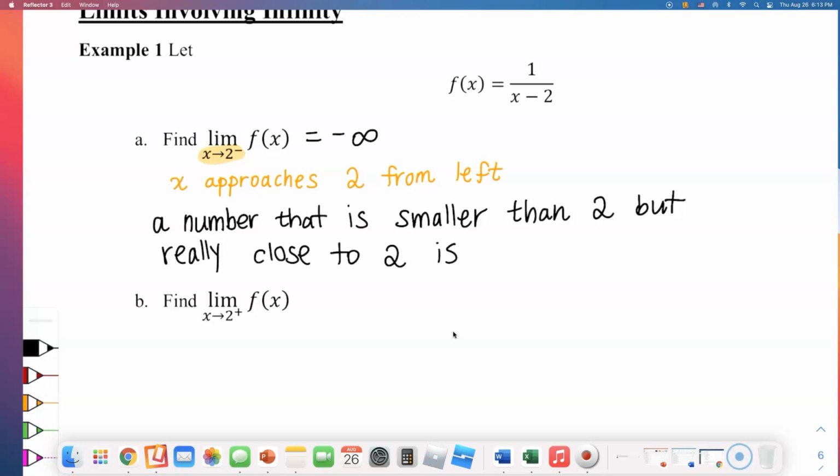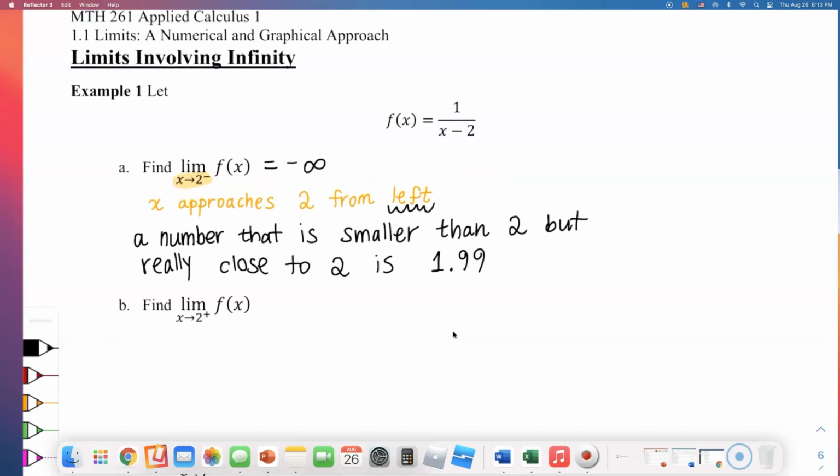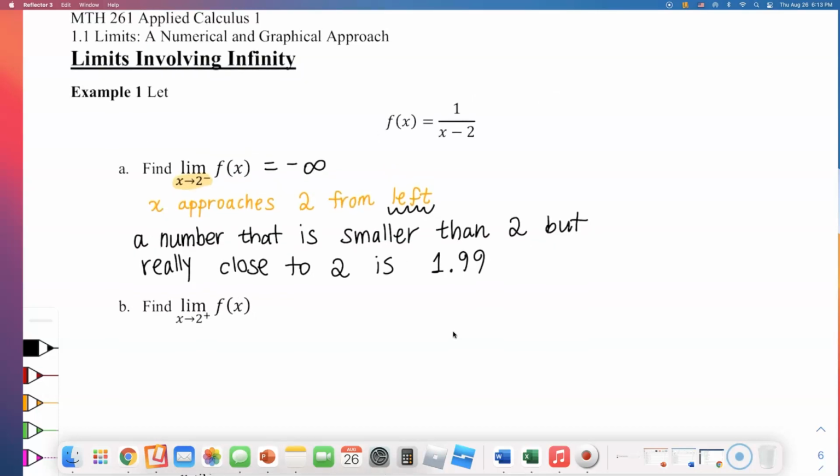I'm going to not be that creative. How about 1.99? Wouldn't you say that number is to the left of 2, but it's really close to 2, right? Let's plug 1.99 into this function and check this numerically. What is f of 1.99? That is 1 over 1.99 minus 2.